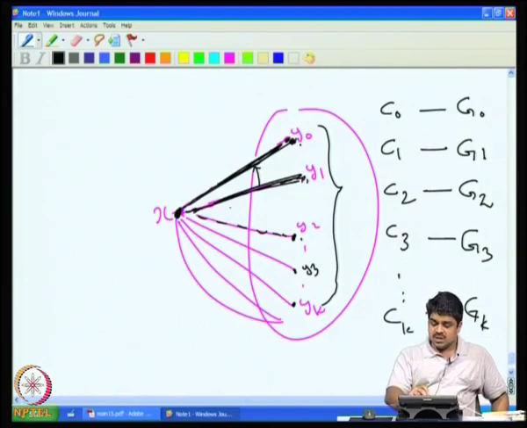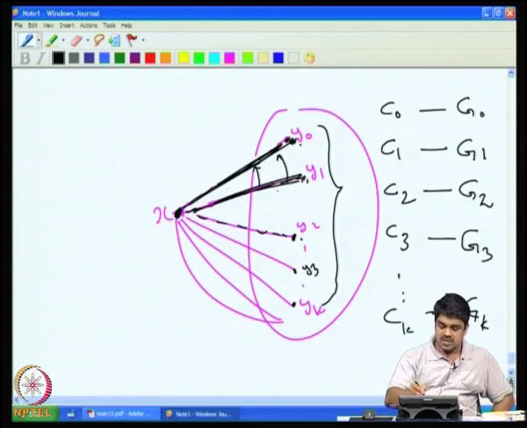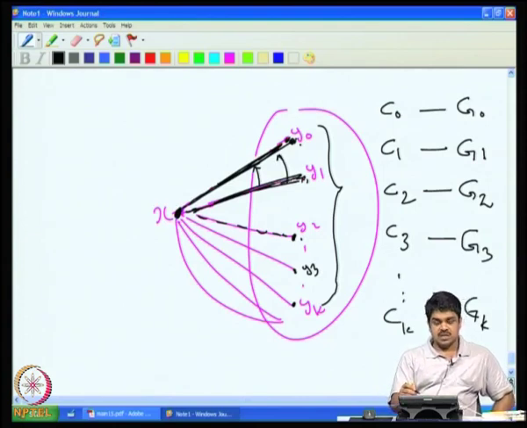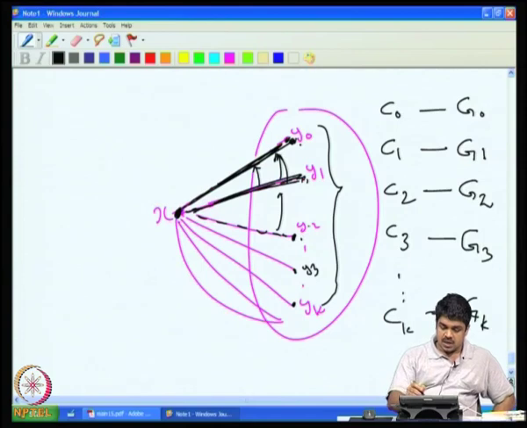But the coloring of G1, which I named C1, is the coloring which I obtained by giving this color to this and making this empty, deleting that edge. Similarly, C2 is obtained by giving this color to this and making this empty. Similarly, G3 will be by a 3 level rotation: this color will go to this, the color of this will go to this, and this will go to this.